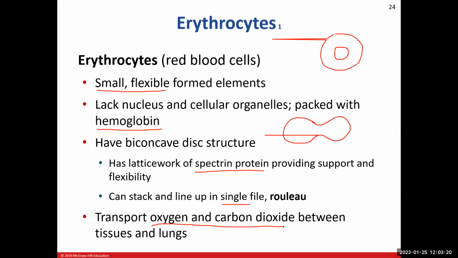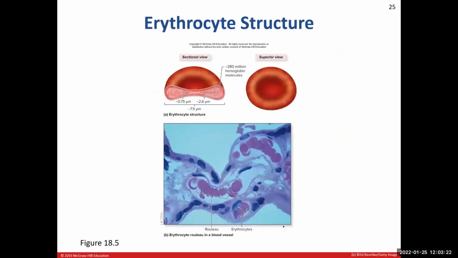That's it. Don't overthink that. All right, so you can see, now I said over 1 million molecules, I well understated that. 280 million hemoglobin molecules are in our erythrocyte.